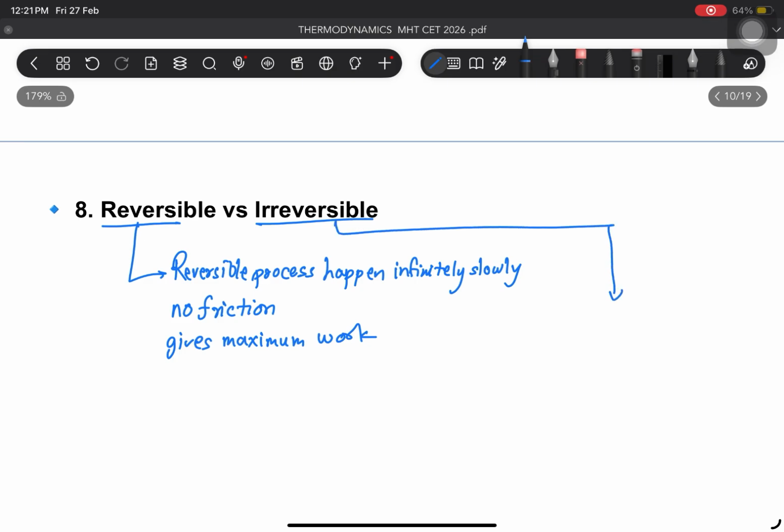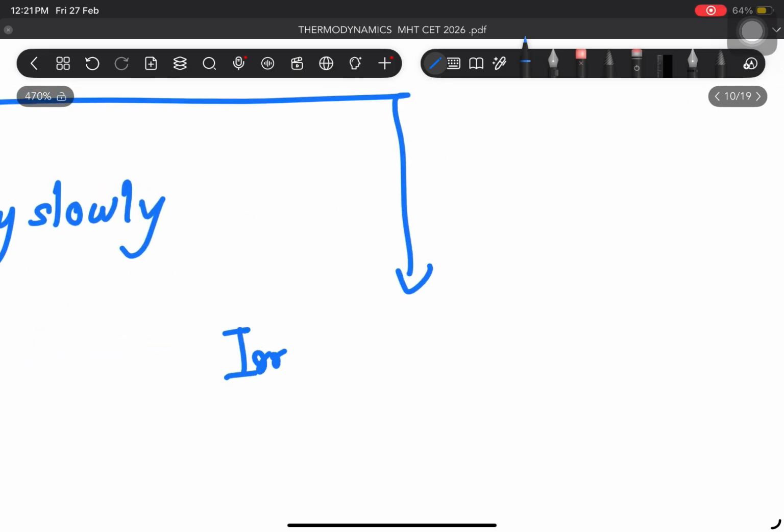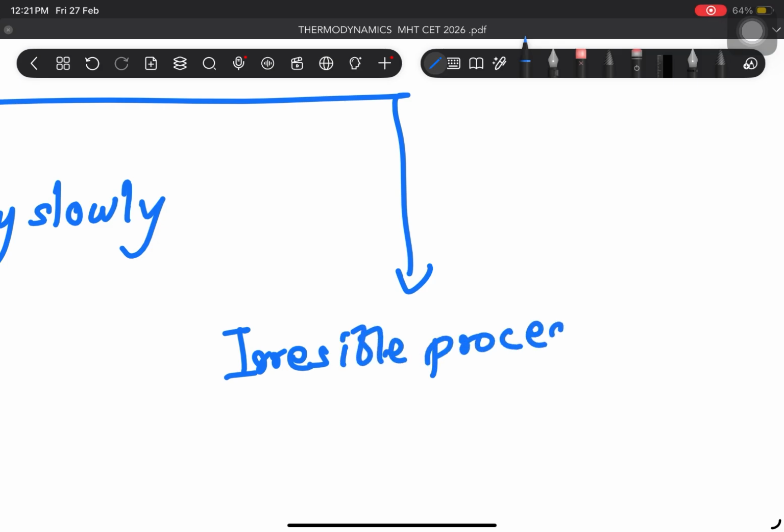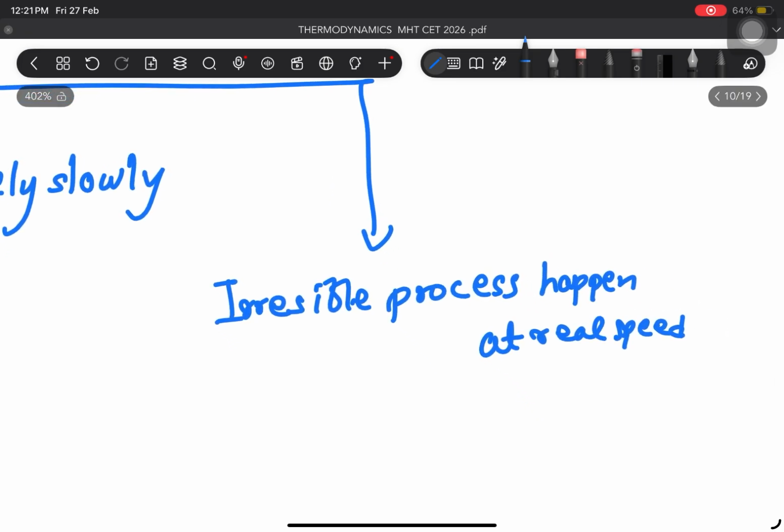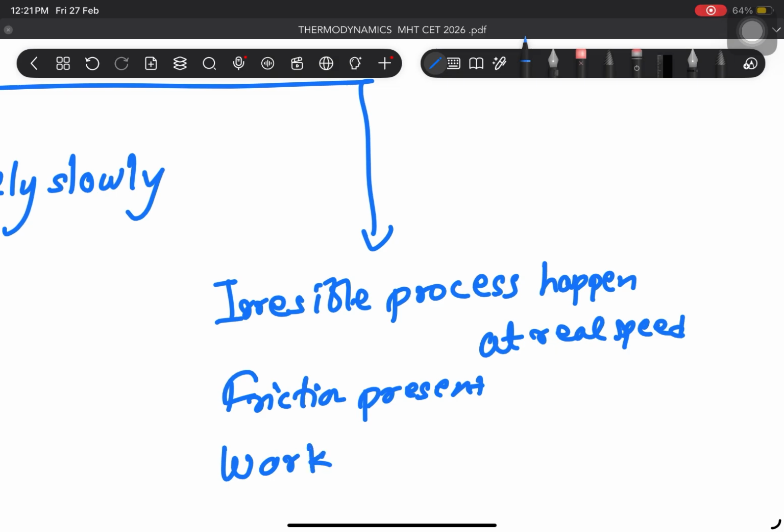Irreversible process happens at real speed, friction is present, and work is less than maximum. In exam, reversible always gives more work.